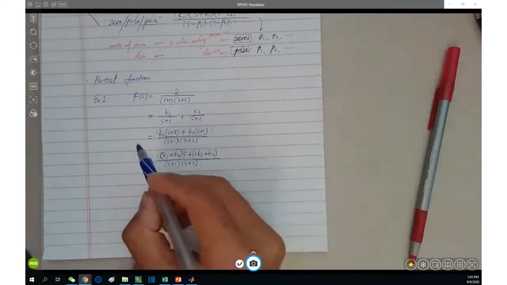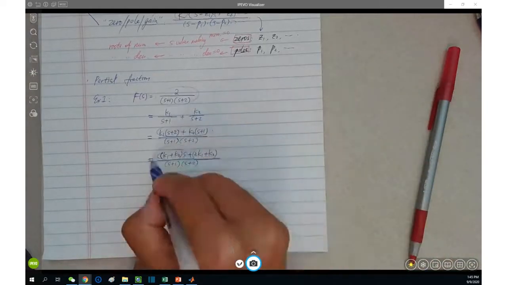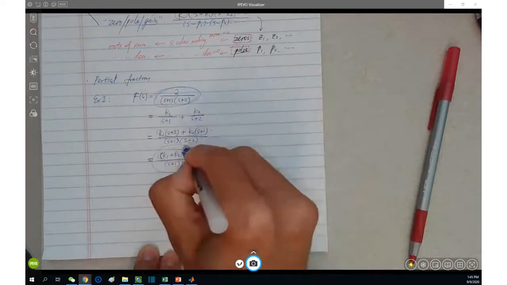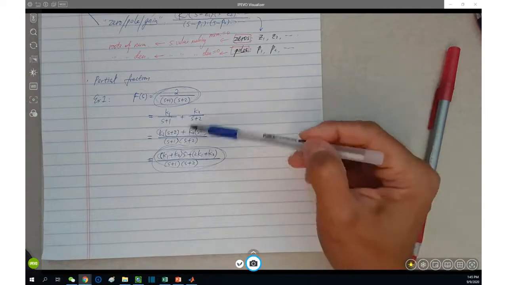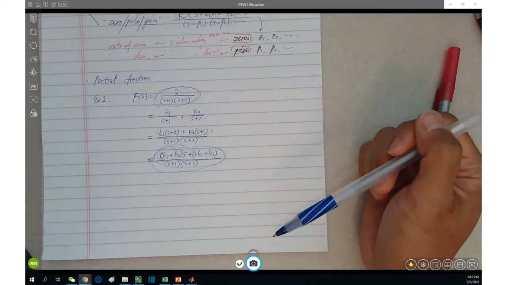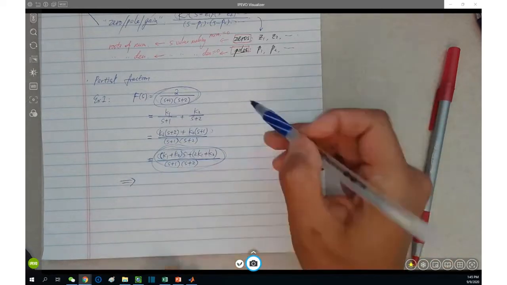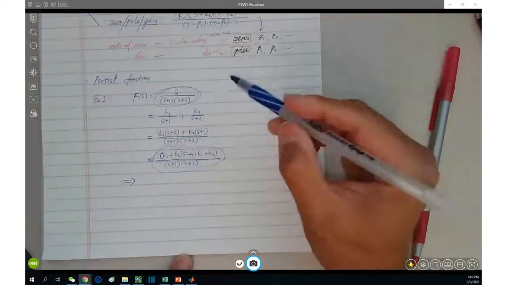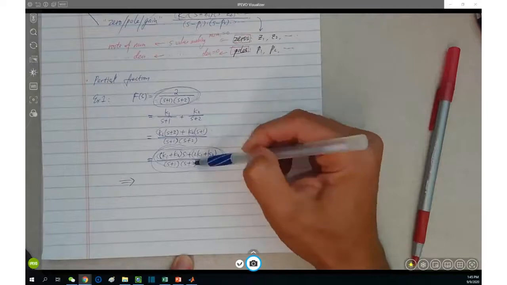Once again, this is an equality, which means these two circles are exactly the same thing. The denominators are identical.